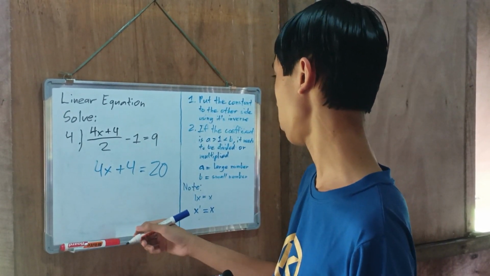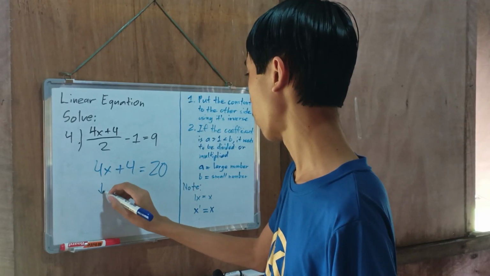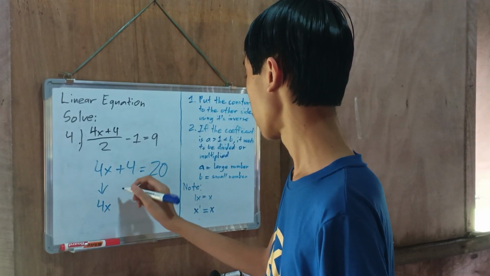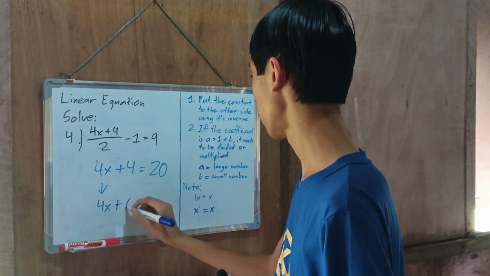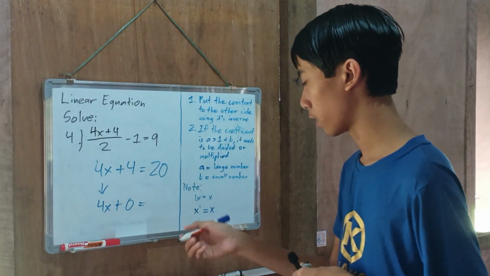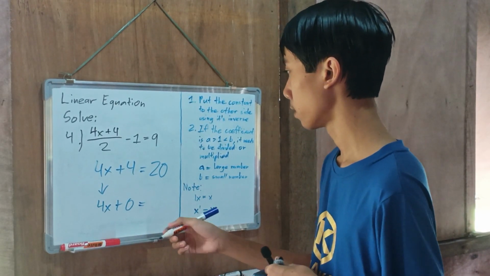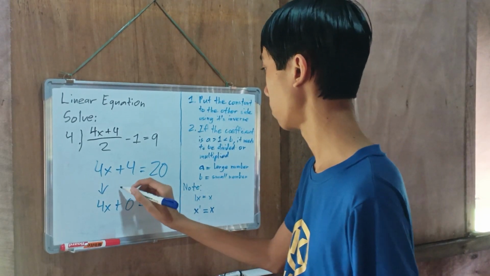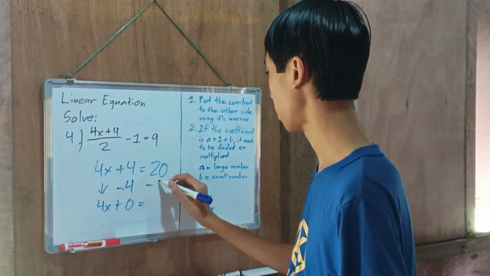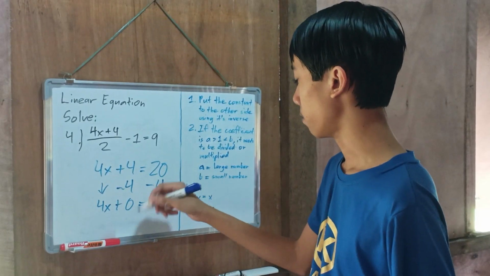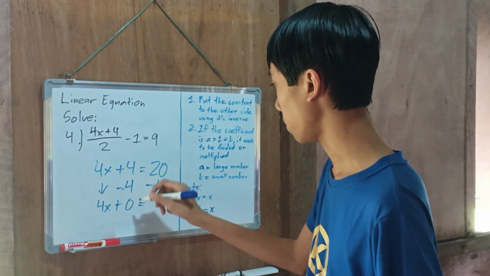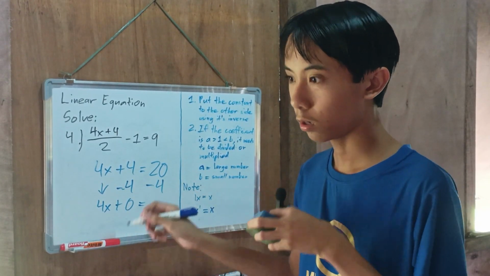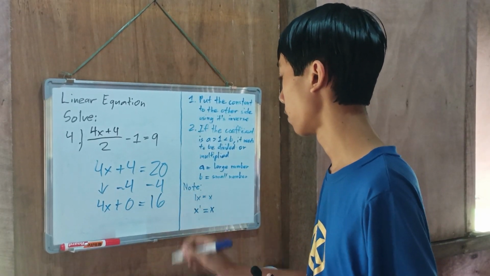So we're just going to bring down 4x, and then plus 0, and then the opposite of +4 would be -4. So -4 on both sides. That means that it will be equal, and 20 minus 4 is 16.